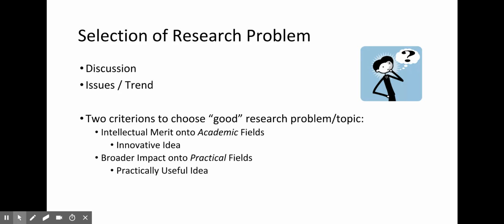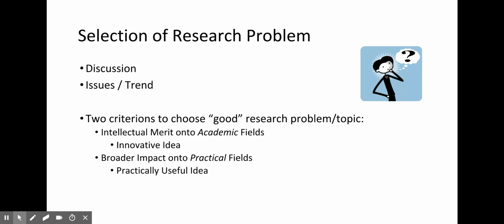And in academia, we care about both. You have to judge. If it's very ideal, innovative with broad impact, where intellectual merit is huge and broad impact is huge, that's good. You have to justify it, and you find out what the big deal about your problem is, and how valuable the solution to the problem is. You can try to justify it on the two characteristics as much as you can.